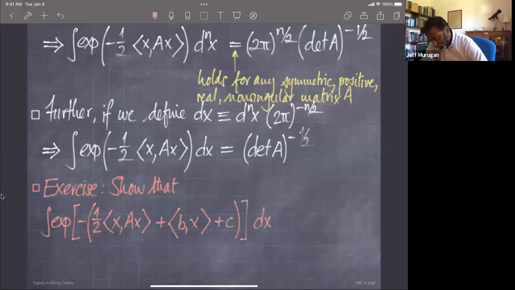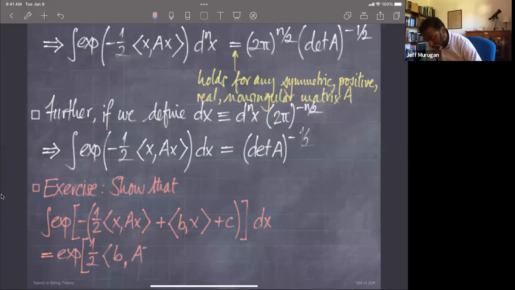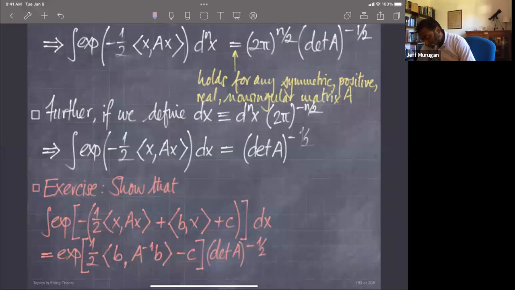I want you to show that you would be able to write this thing as e to the a half of b in a product with A inverse b minus c, times the determinant of A to the minus a half.